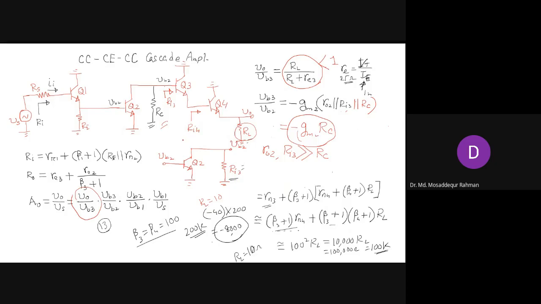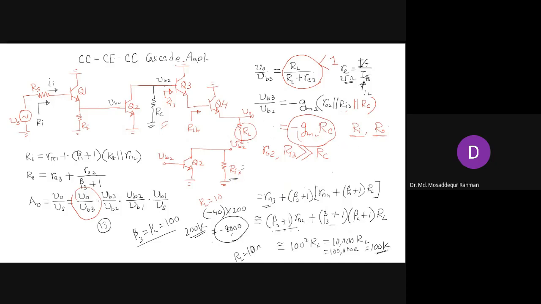So now your task is to analyze this circuit, the overall three stage or four stage cascade amplifier, and find out the different parameters of this circuit. Input resistance is already known, input side doesn't change. You need to find the output resistance, which will be different now because we have two common collectors on the output side.